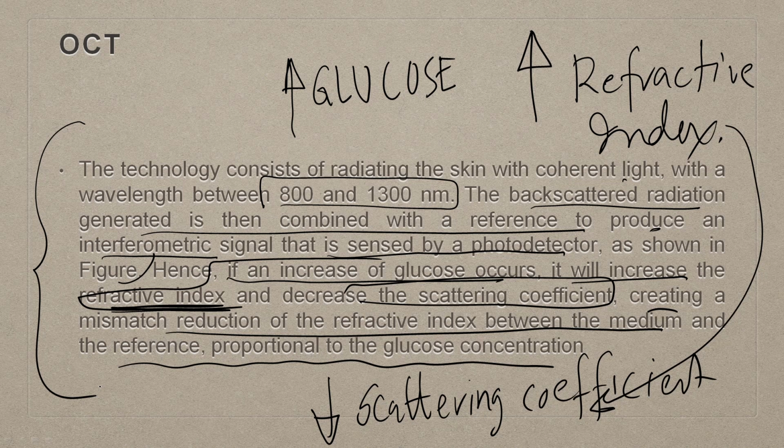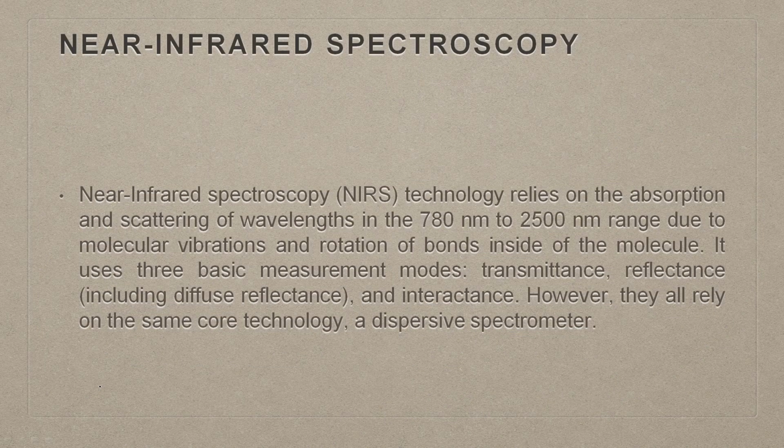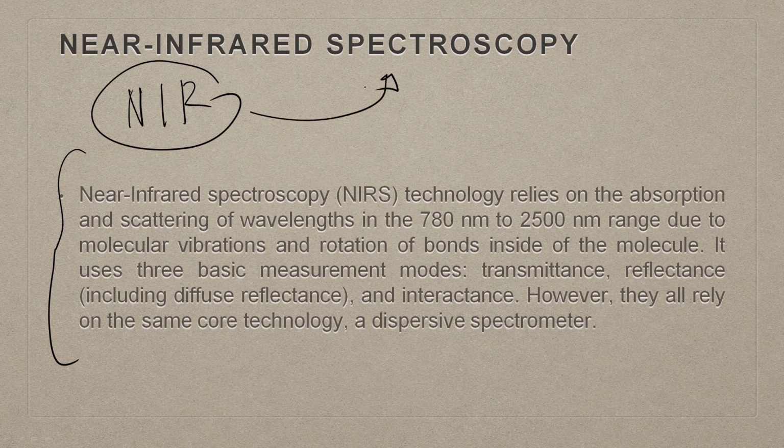Okay. Then comes the near infrared spectrum. This is a popular technique, but it has its own problem. NIR, commonly called near infrared spectroscopy, is non-invasive here. Near infrared spectroscopy relies on the absorption and scattering of wavelengths in the 780 to 2500 nanometer range due to molecular vibrations and rotation of bonds inside the molecule.